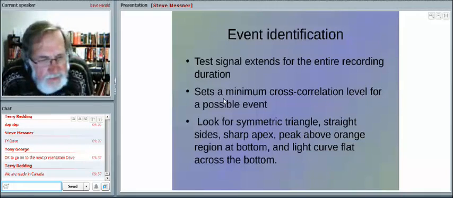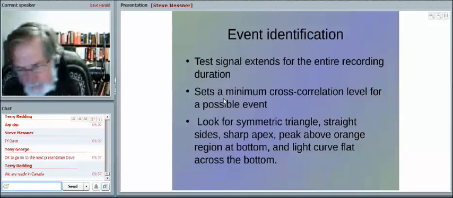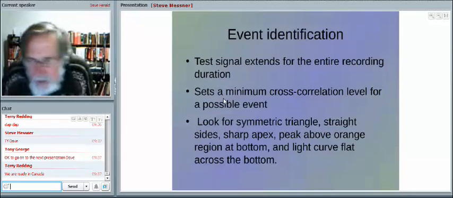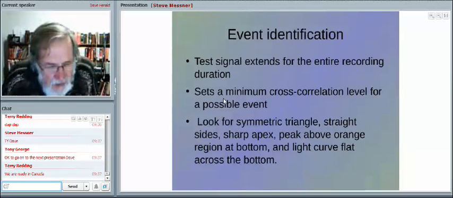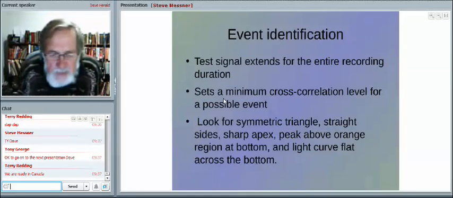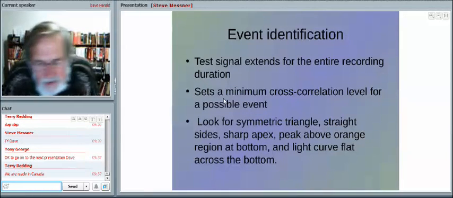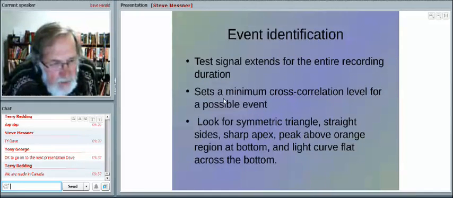Event identification. Some of the things I did there was that in the analysis I made sure the test signal extended for the entire duration of the recording, so that there are no issues associated with having a test signal moving across the observed signal and being affected by changes in the observed signal.